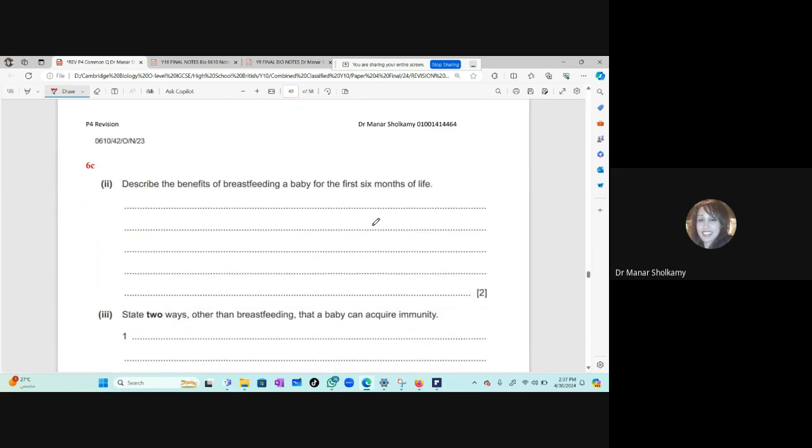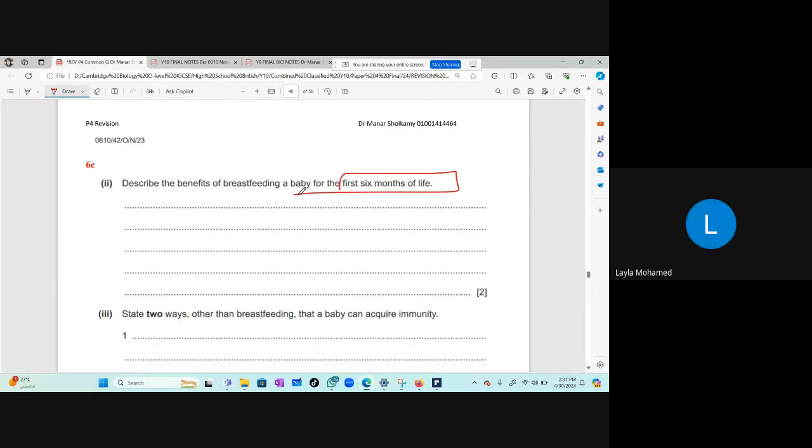Describe the benefits of breastfeeding a baby for the first 6 months of life. It provides passive immunity, ready-made antibodies from the mother. Is this short-term or long-term? Short-term, but it provides immediate action.